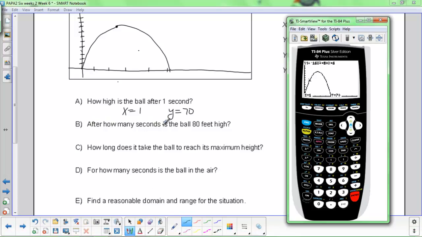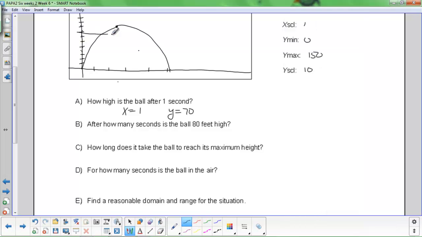After how many seconds is the ball 80 feet high? Well, that means that if I go here, 1, 2, 3, 4, 5, 6, 7, 8, and draw a horizontal line, I'm looking for this and this, because at this point, the ball is 80 feet high. At this point, likewise, the ball is also 80 feet high, okay?